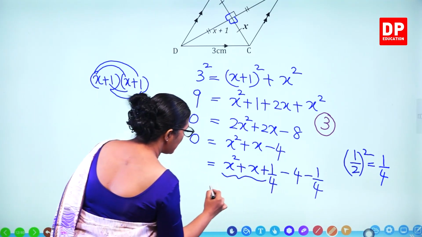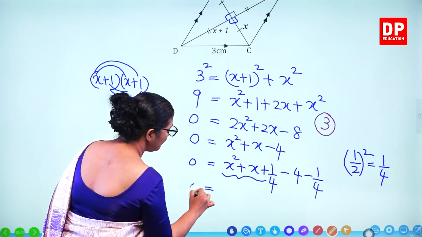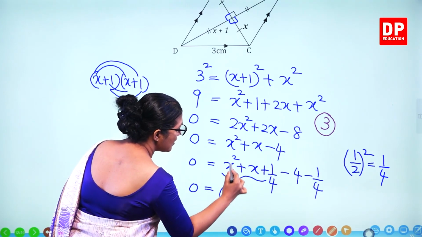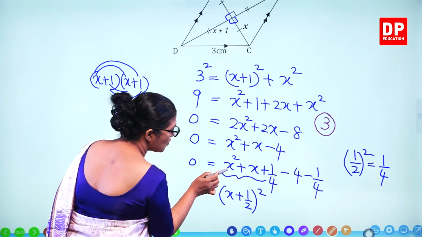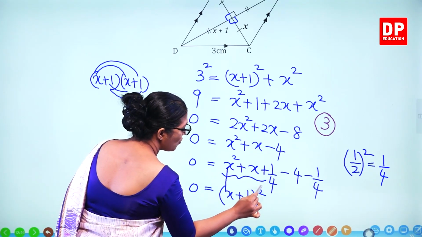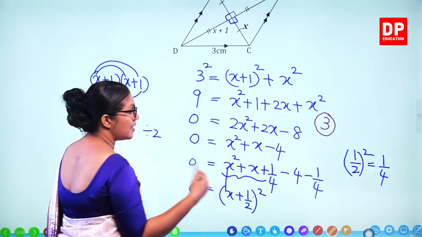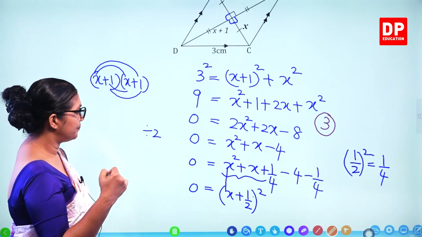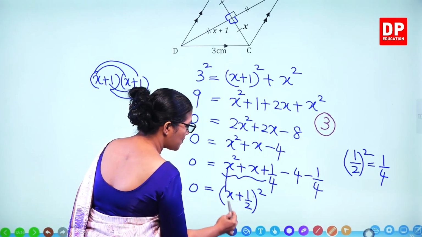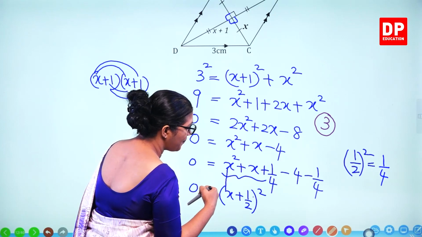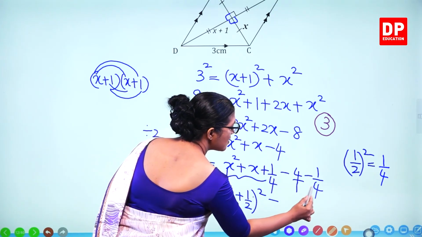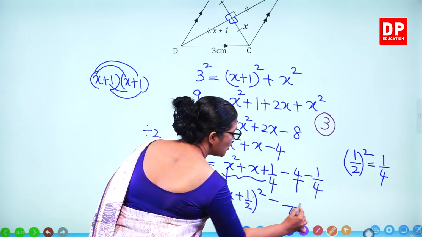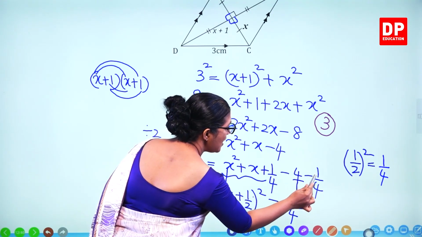So, the first 3 terms you can write as x plus half, whole thing squared. We take the square root of this and the square root of this. Here, automatically you get the square term. The middle term is 2 times that, which is 1x. What about this one? Take the same denominator: 16 and 1, 17.